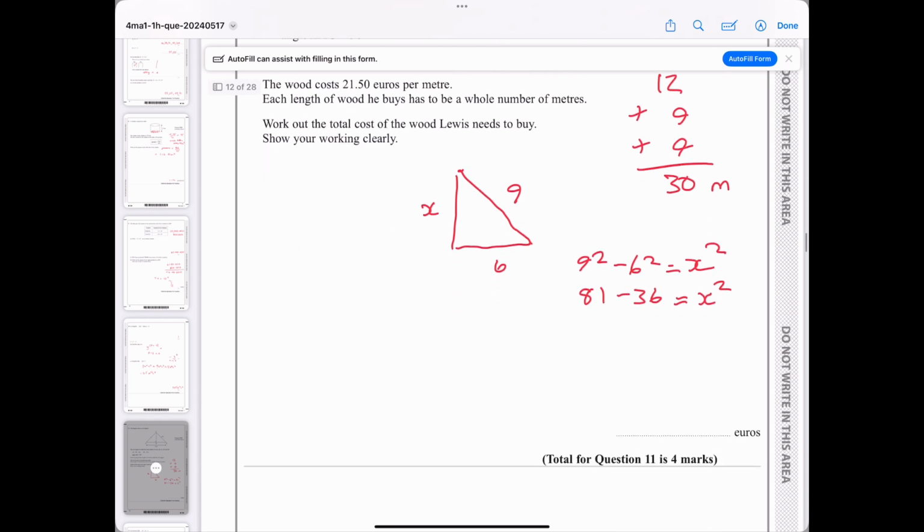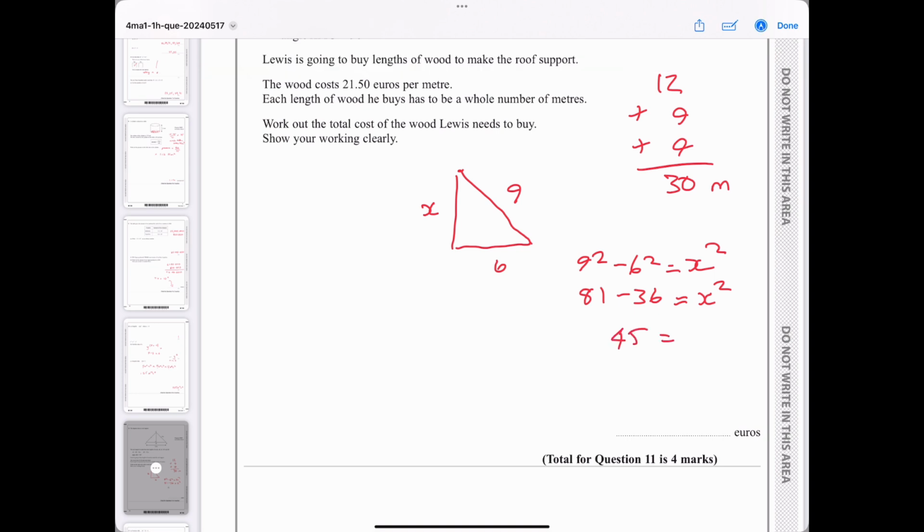I think it's going to be 45, but I'm not sure. 81 minus 36 equals 45, so 45 equals x squared. So let's just root that. 3 root 5, let's just do the SD.